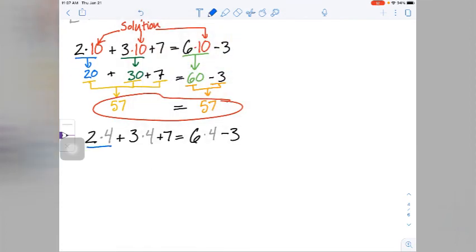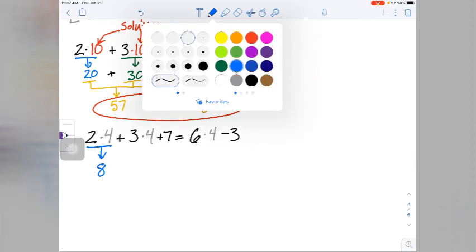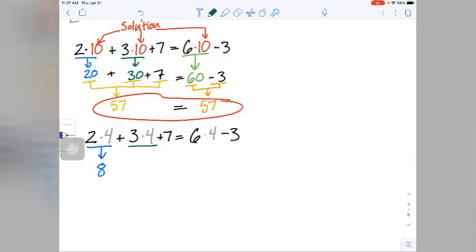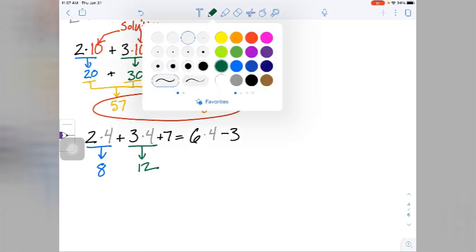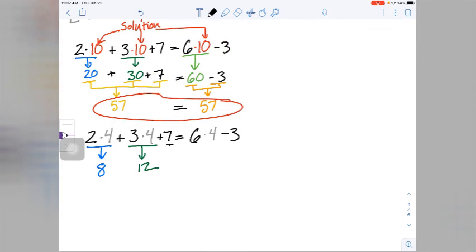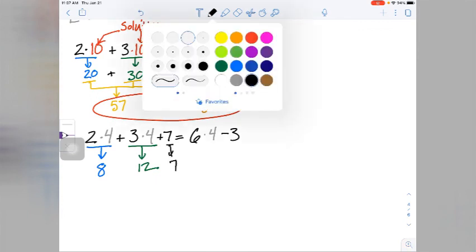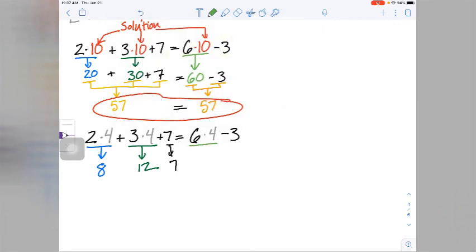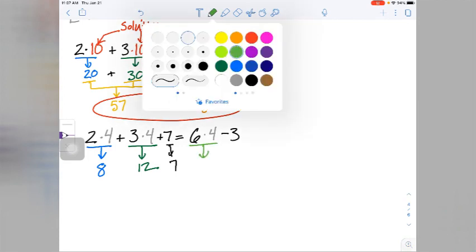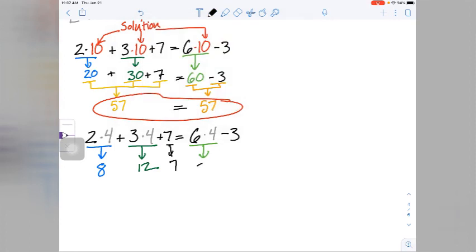When I do this math, 2 times 4 does not equal 20 like it did above. It equals 8. 3 times 4 does not equal 30 like it did above. It equals 12. 7 still equals 7. And then we have 6 times 4, which is equal to 24.